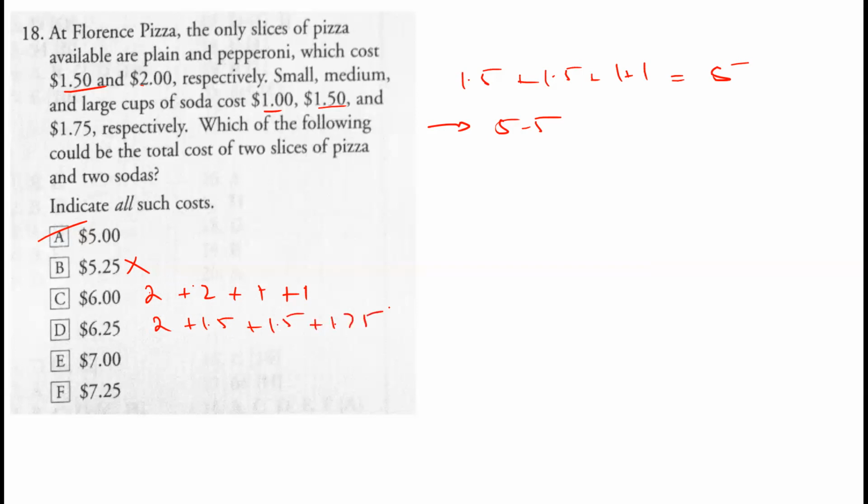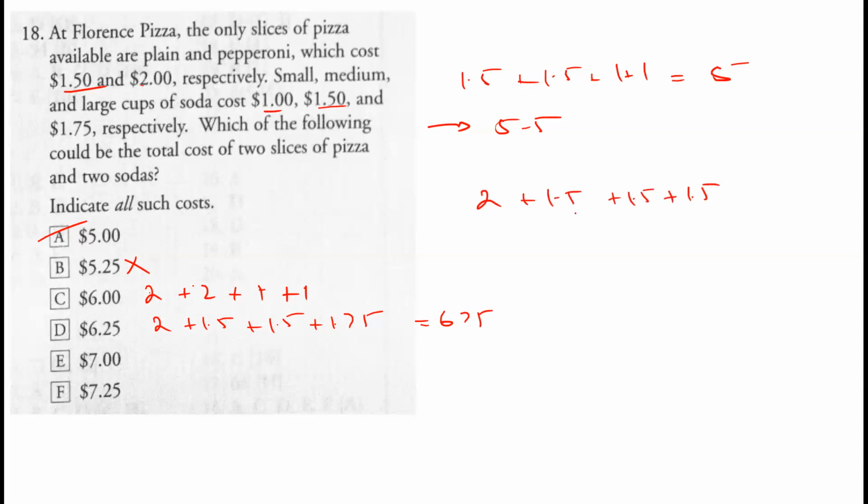So what will be this? So 2 plus 3 plus 1.75 is 6.75. So 6.75 is there. Or we can have 2 plus 1.5 plus 1.5 plus 1.5.